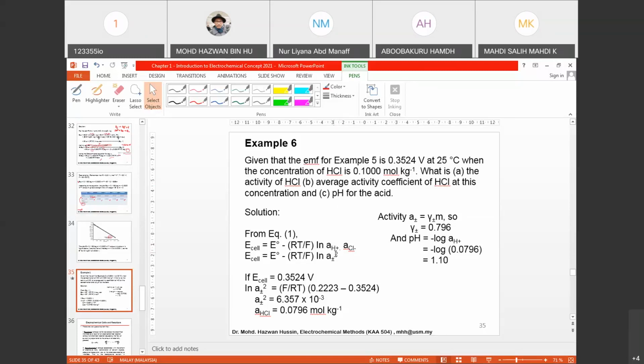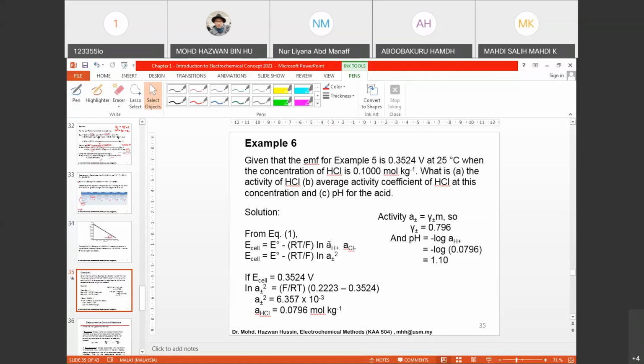ln of a H plus multiplied with a Cl minus. If you consider that this is 1 to 1, then it will be activity plus minus square. So it becomes a plus minus because both are 1 electrons, this one plus 1 and this minus 1, then I just make it into activity plus minus square.